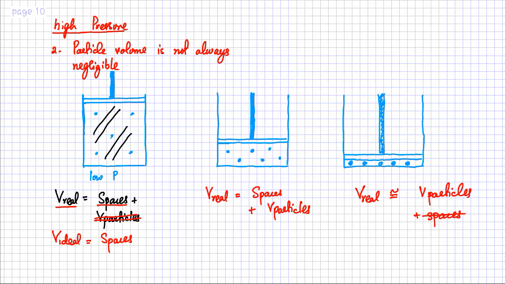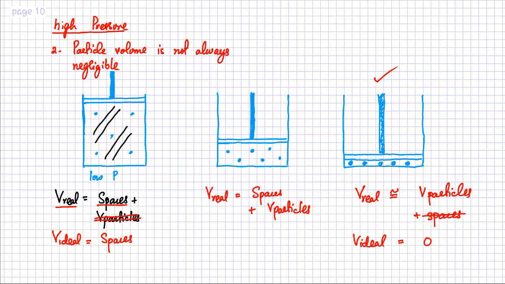An ideal gas assumes that particles have no volume, but this error becomes more dominant at high pressures. At high pressure, your actual volume would be equal to the volume of the particles, while an ideal gas, because it assumes the particles have no volume, would give you zero volume.